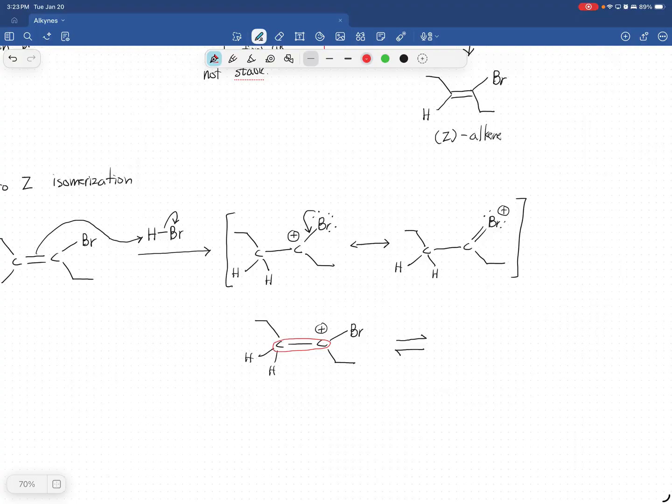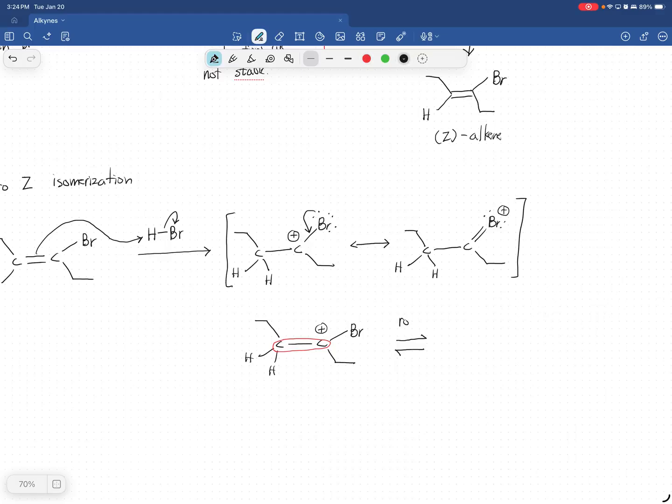What can we do to move the groups around the carbon atoms? What can a molecule do freely at room temperature? If we think about chair conformations, we interconvert. So we can go between conformers, right? So we can actually rotate these bonds here.